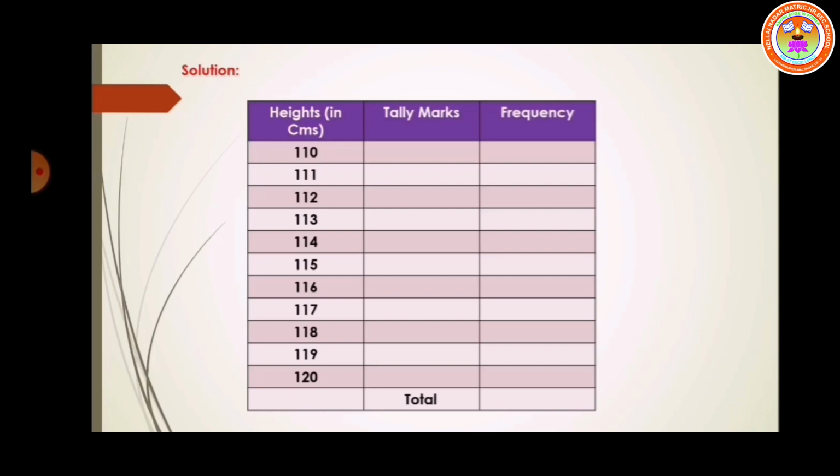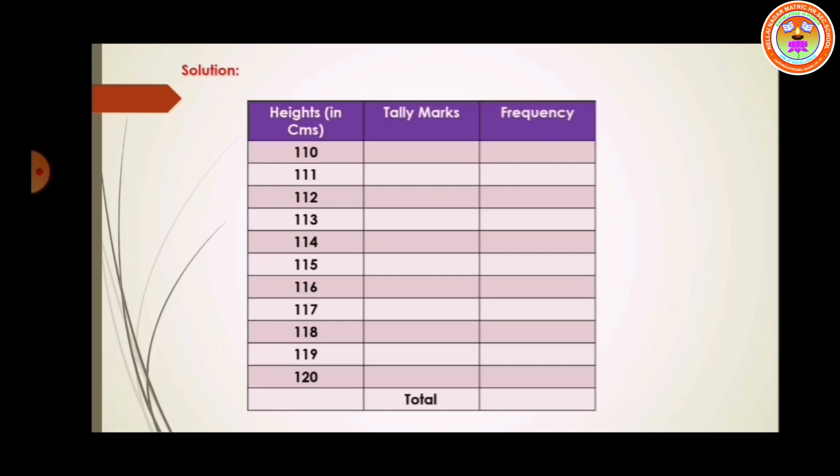Now, in tally marks, how many times has 110 come? Yes, you have to write in tally marks: the number of children having 110 centimeter height is 5.